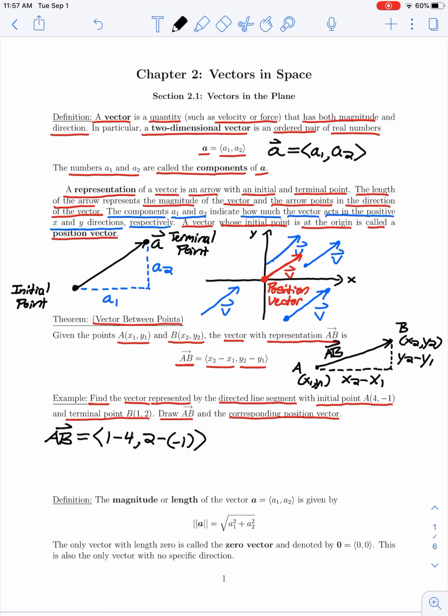So the y coordinate for the terminal point was 2. We're subtracting the y coordinate from the initial point, which was -1. So simplifying a little bit, the vector that we're describing is the vector whose components are -3, +3.